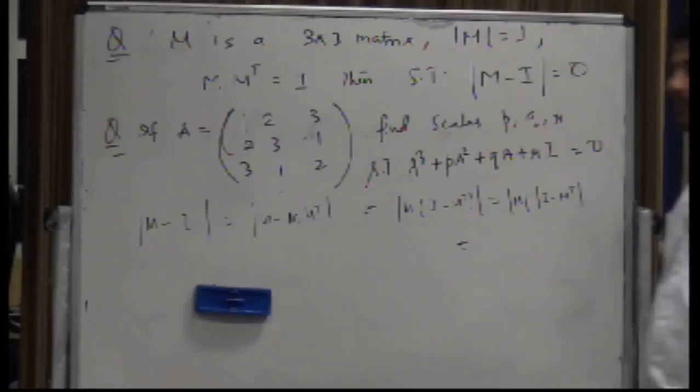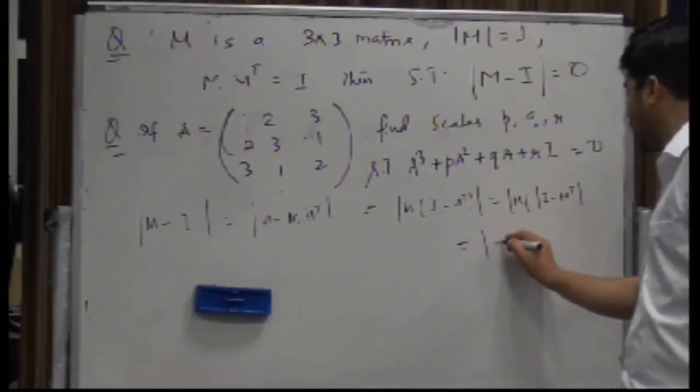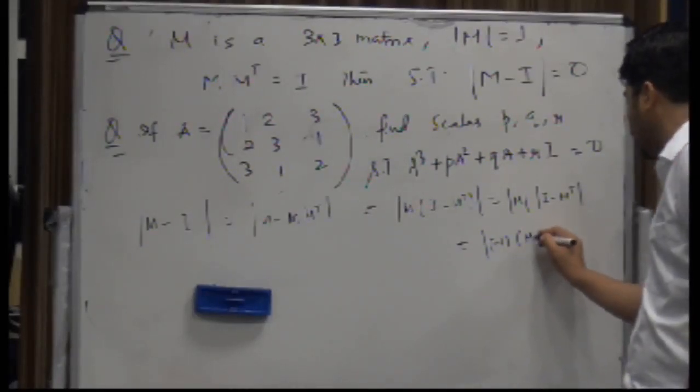Mod M is 1, so I can write minus 1 into M transpose minus I.